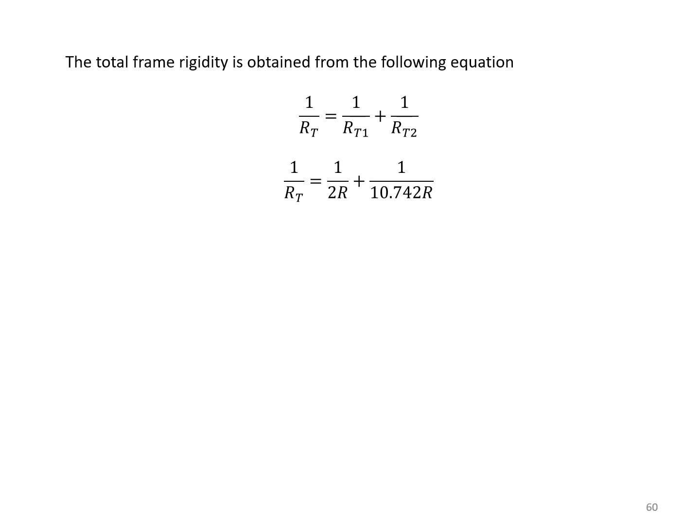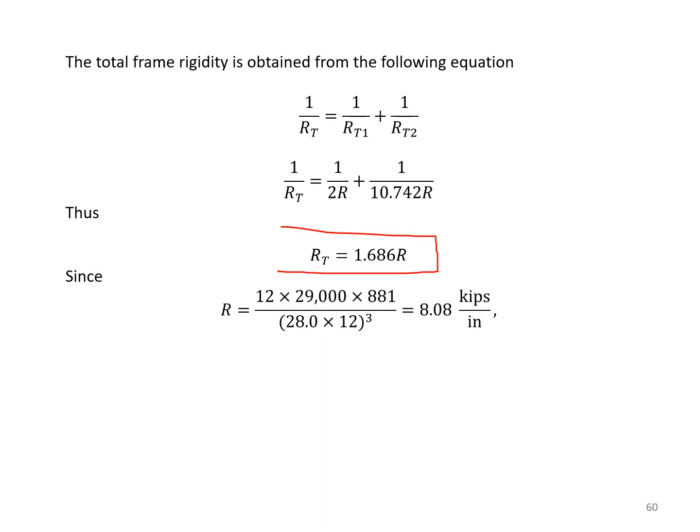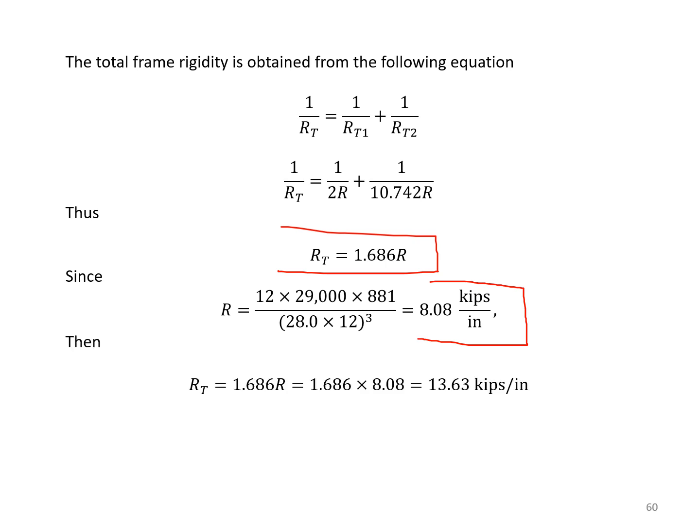Now we go up to the first level and second level, add them using our equation 1 over RT1 plus 1 over RT2, plug numbers in there, and solve for RT, which is equal to this value. And now I plug in numbers, and I come up with the rigidity of this frame as 8.08 kips per inch. That's for R, right?